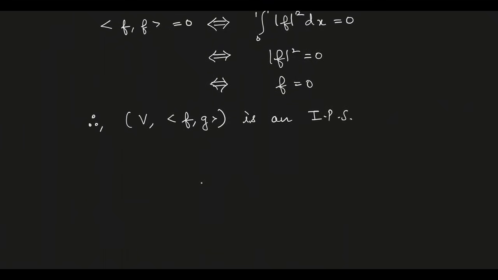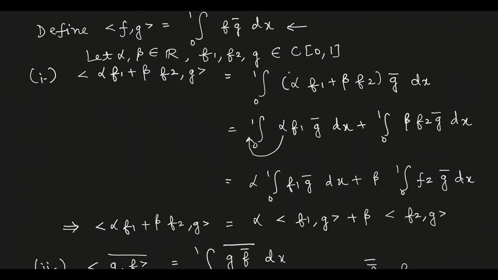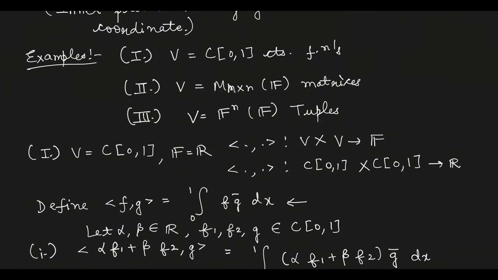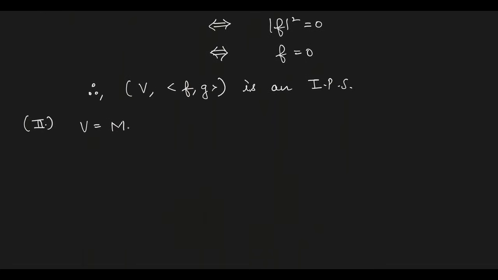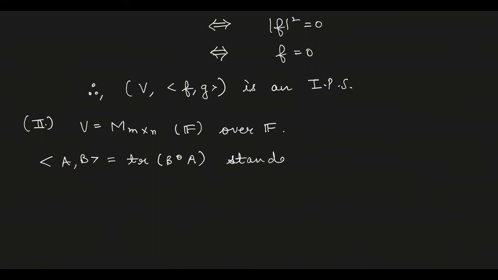Next example: V equal to M m cross n. Inner product of A comma B is defined as trace of B theta A. This is the standard inner product.